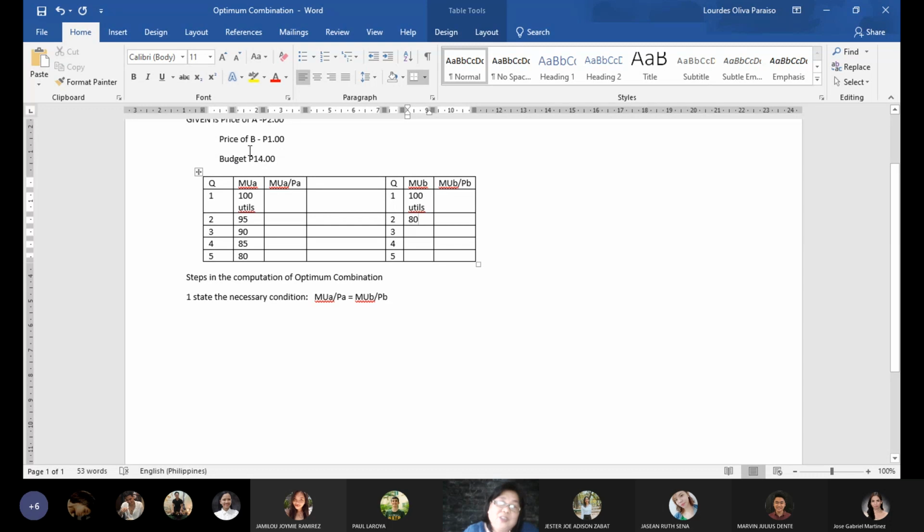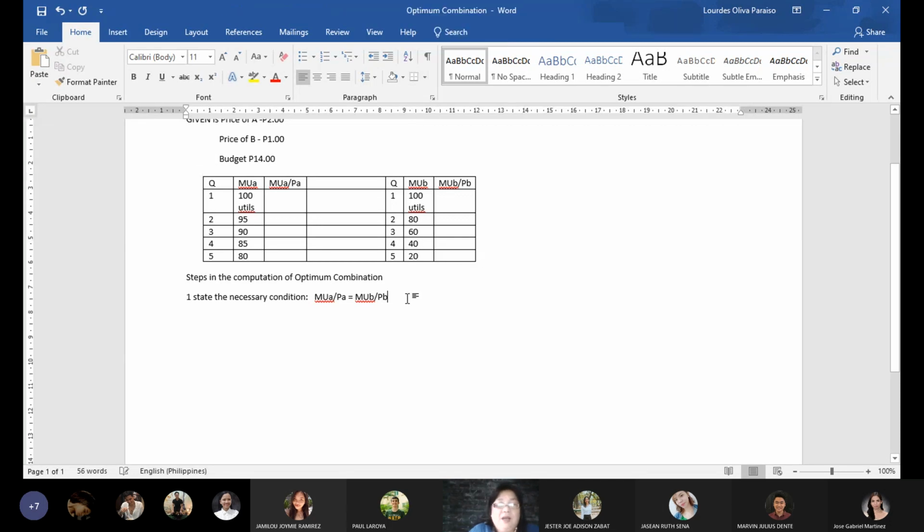So the satisfaction is not quite the same. You have 60 here and 40 here, and you have your 20. 80, 60, 40, 20. Okay? So that's basically it.